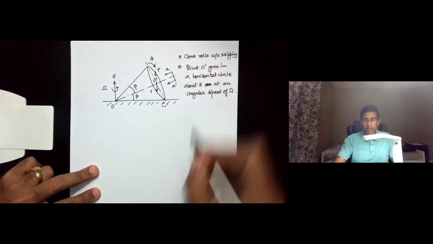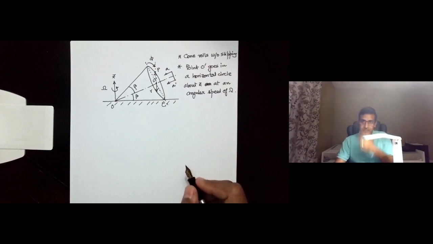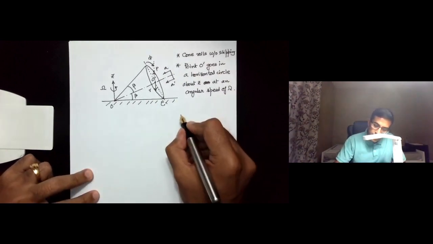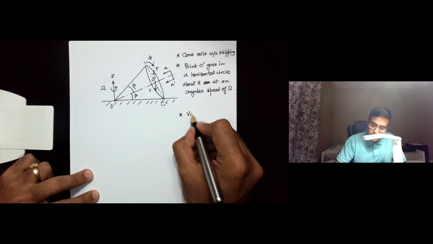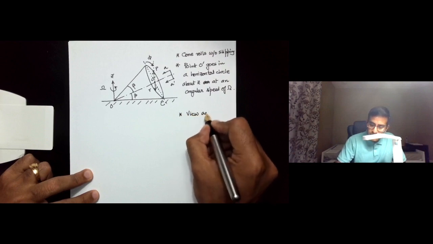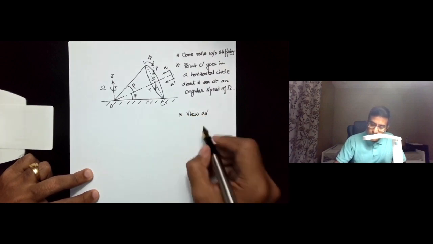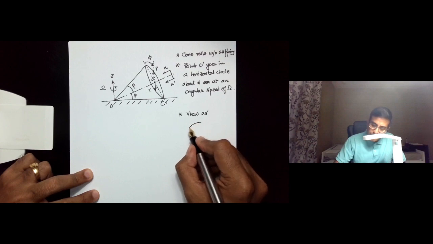So in other words, if you took a view from A prime, the view AA prime would look like this.